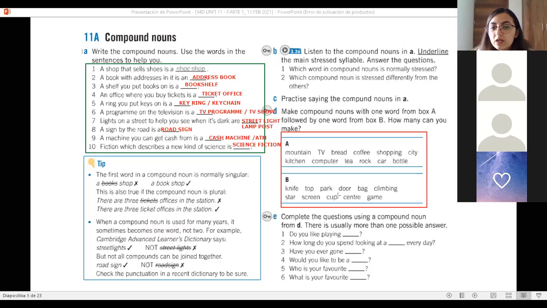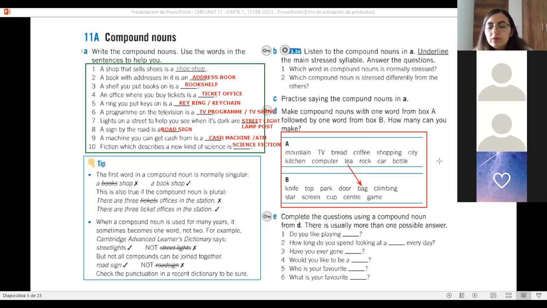We're going to match, or make as many compound nouns as possible. For example, I can make a compound noun if I join, for example, tea bag. ¿Sí? Una bolsita de té, a tea bag.